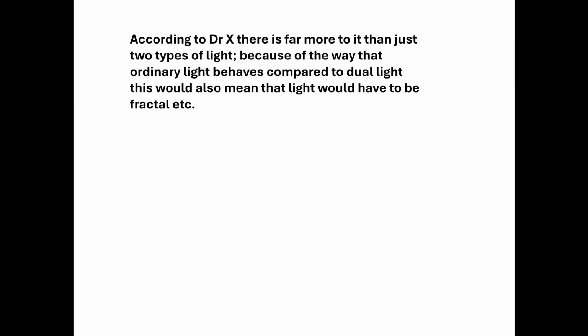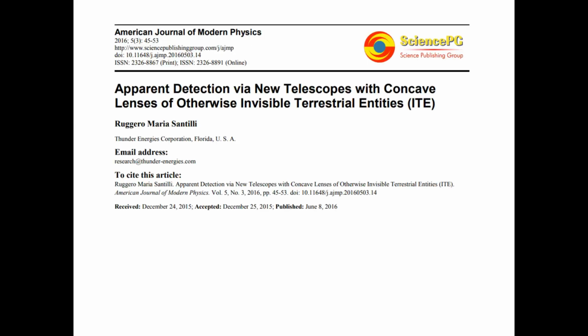Because of the way that ordinary light behaves compared to dual light, you should also get other things like fractal light, etc. If you know what fractals are, light would not be restricted to one straight line. It would be bouncing up and down funny if you're dealing with the full thing of dual light and ordinary light combined. It would be a fractal path that was being taken.